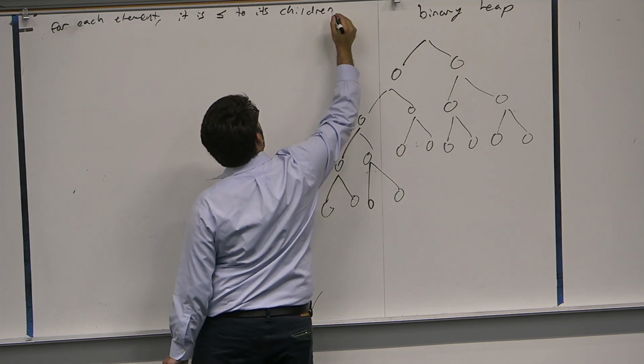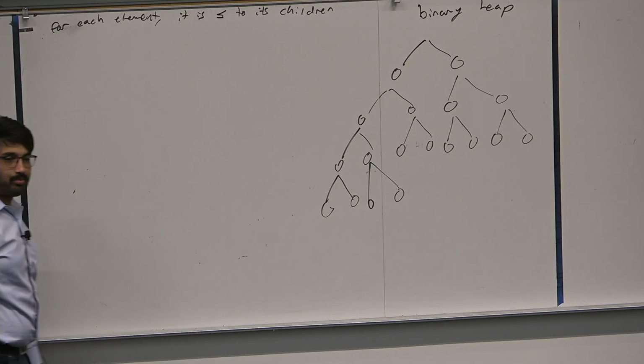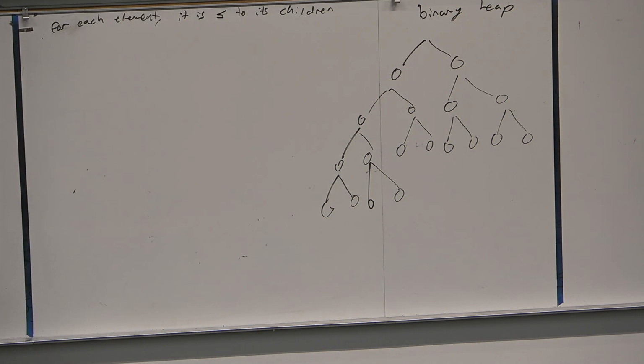Now you could of course do a max heap and say greater than or equal, but the heap property is preserved during the computation on the heap. By the way, by transitivity, if the parent is less than the child, and the child is less than the grandchildren, then the parent is less than the grandchildren, and so on, right? It goes all the way down, basically for free.